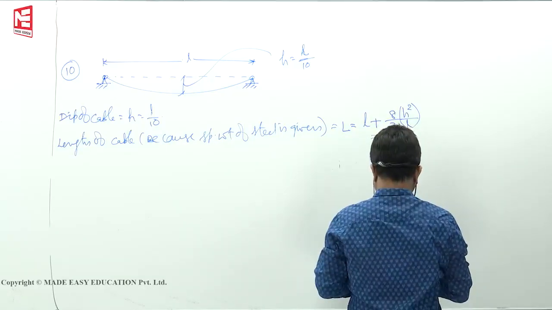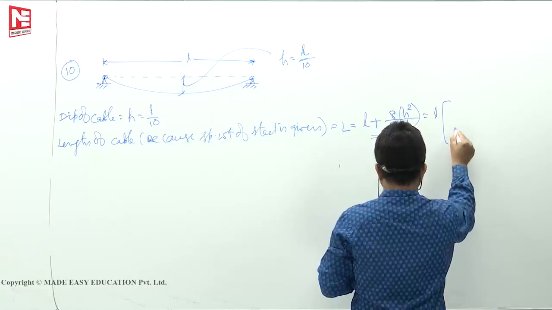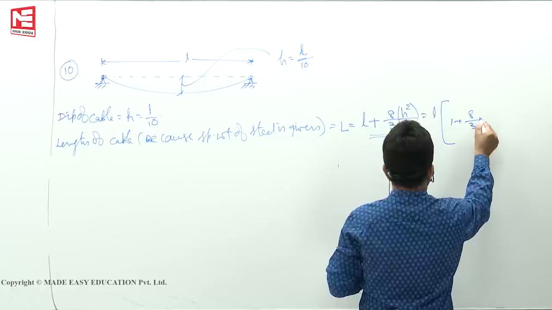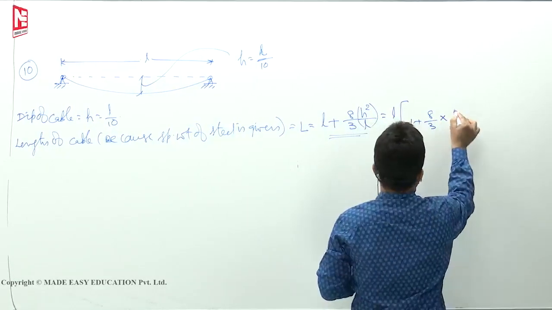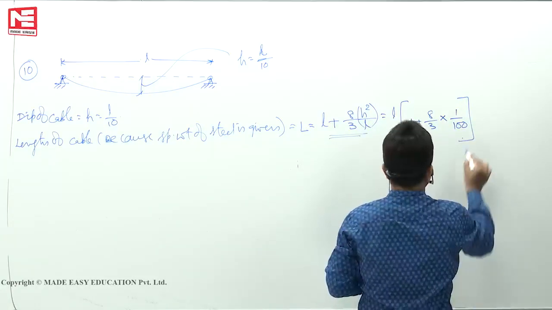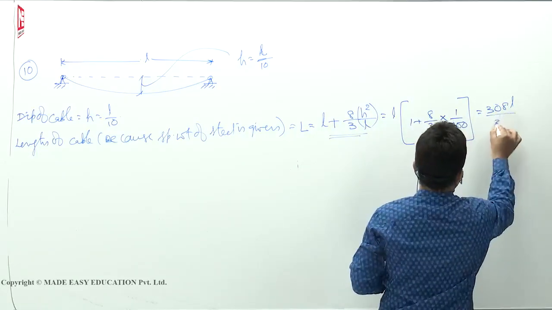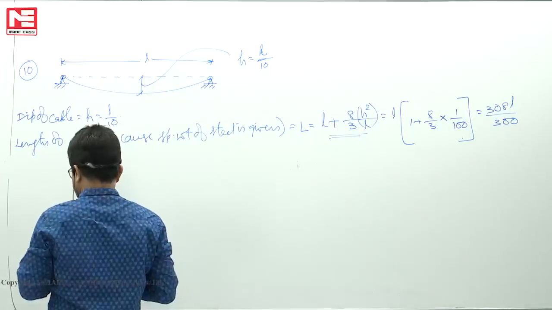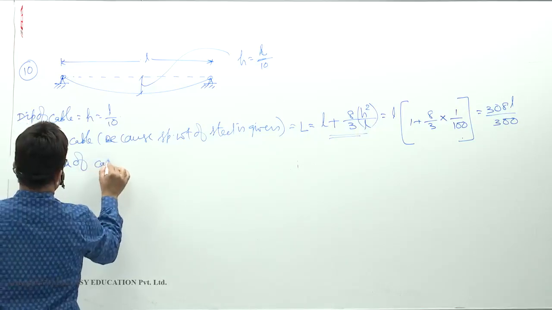So we can write it as L into 1 plus 8 by 3 into h by L, which is 1 by 10, squared. 1 by 10 square means 1 by 100. So you will get this value as 308 L by 300.